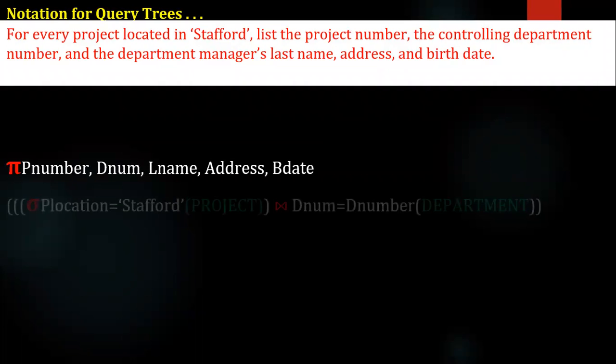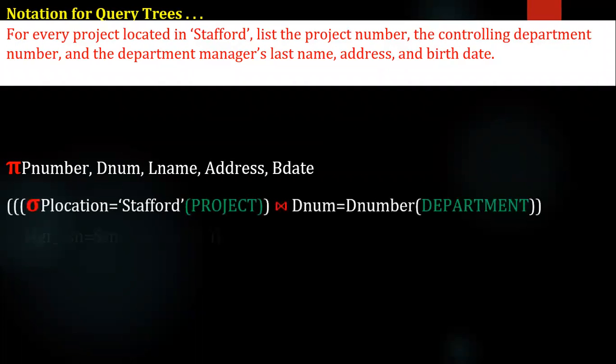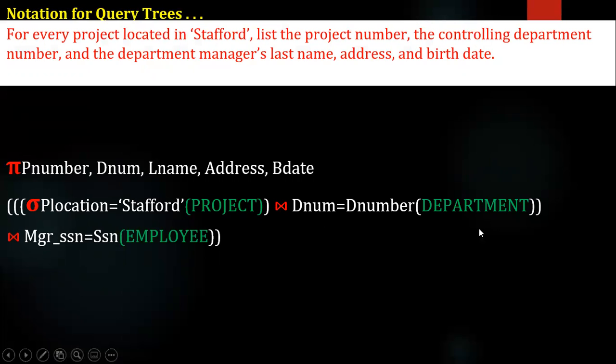So now the query can be written like this. Okay, selecting project number, department number, last name, address, and birth date of the manager handling the projects located in Stafford.